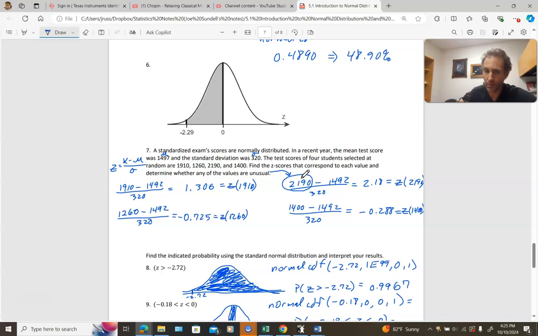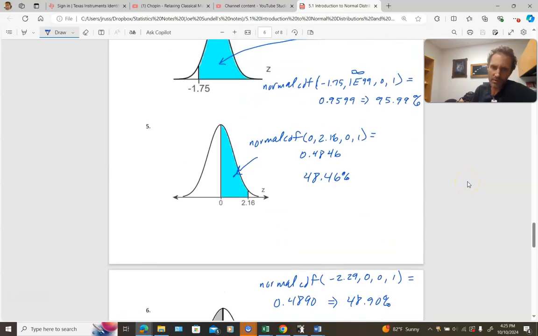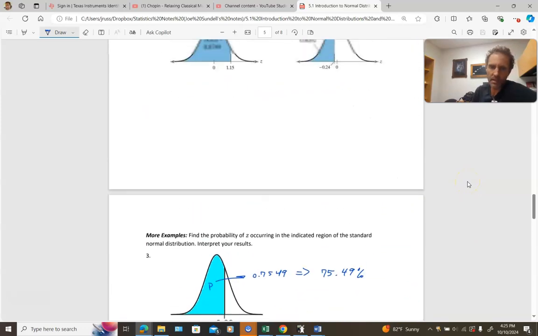Well, that would be the equivalent of trying to figure out how much area is to the right of 2.18 underneath the standard normal curve. Okay, it's going to be a very, very little area. But anyway, I hope some of this is making sense conceptually.